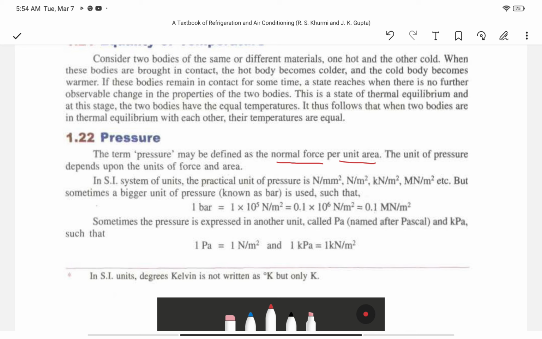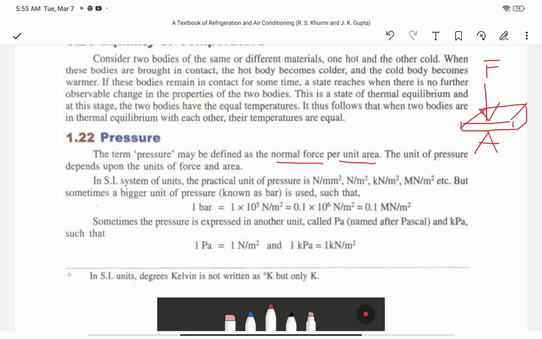That is force per unit area. You have force F acting on the surface, your area. Of course, if you draw it like this, you will have an area.